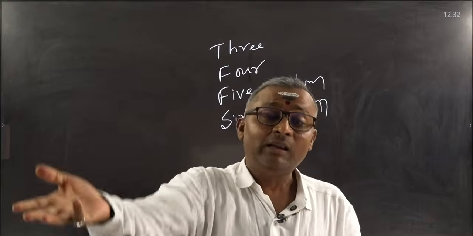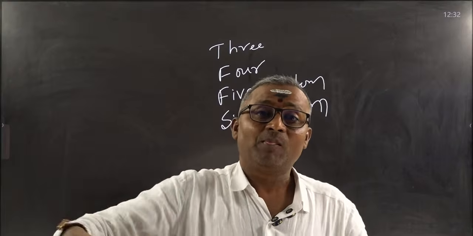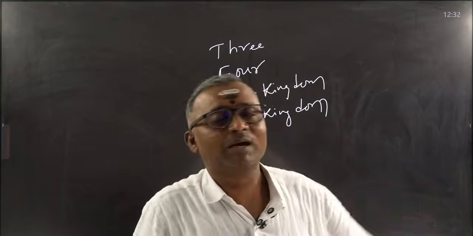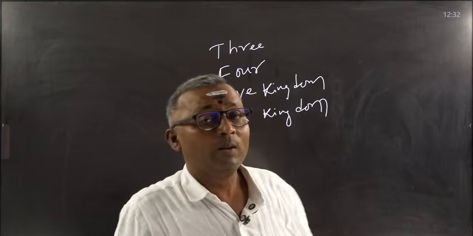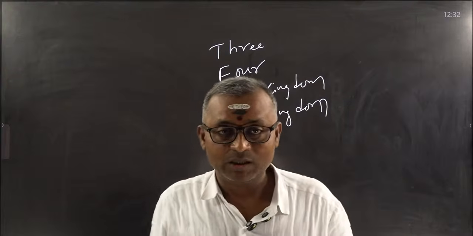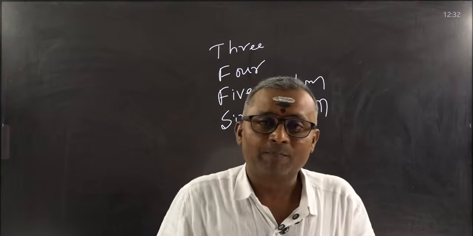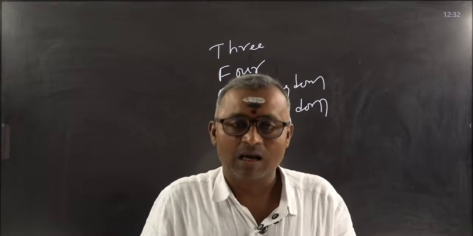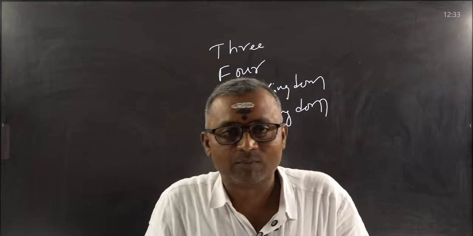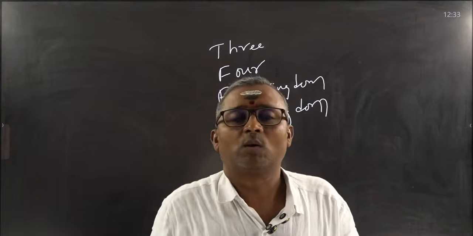That's why much better developed systems came into existence. As I said, there is a three-kingdom system, a four-kingdom system, and a five-kingdom system. Among them, we are going to discuss the five-kingdom system of classification in tomorrow's class.